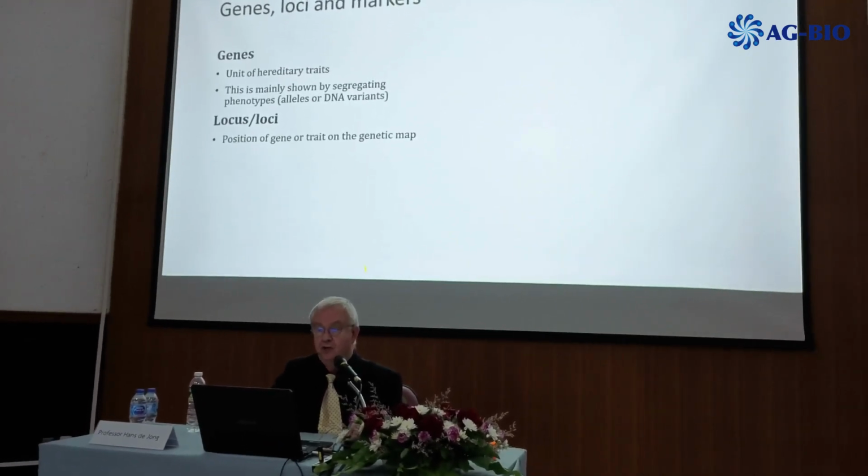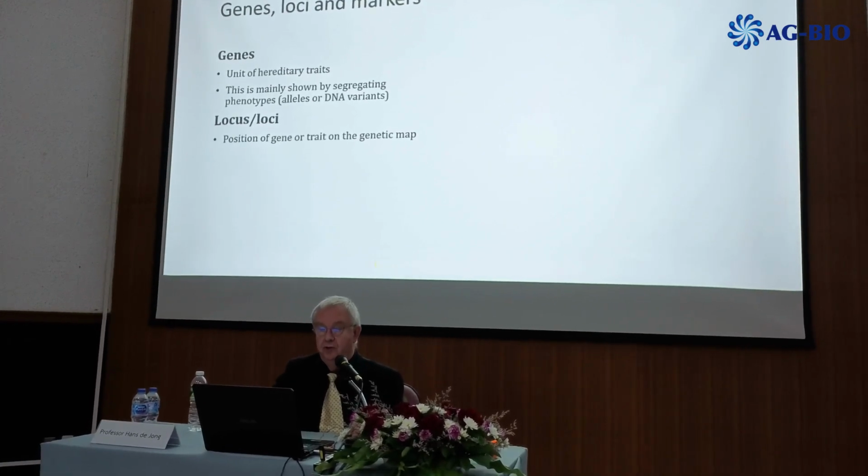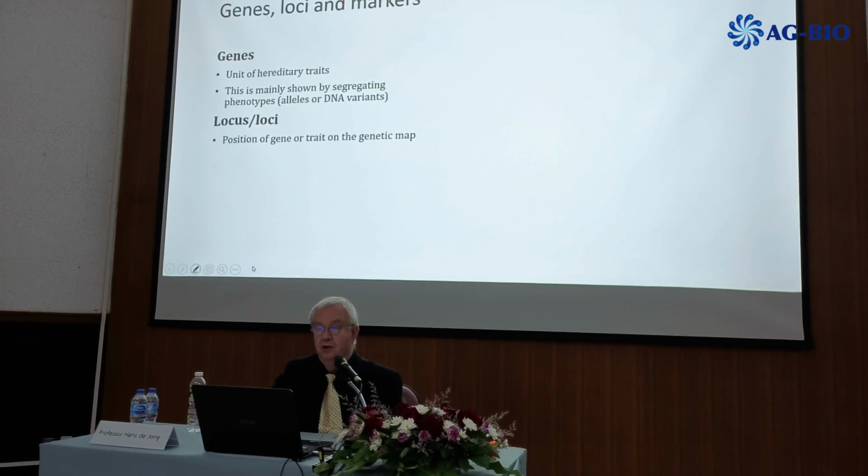So just to make sure that you are familiar with the terms, we talk about the genes as the units of heredity. We can see genes only in a segregated phenotype. If you have a pure inbred, it's very difficult to find the genes by genetical mapping, simply because you have no segregation.